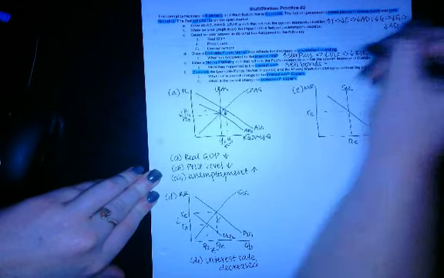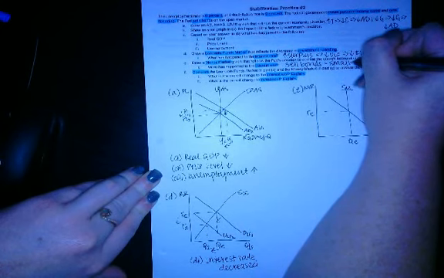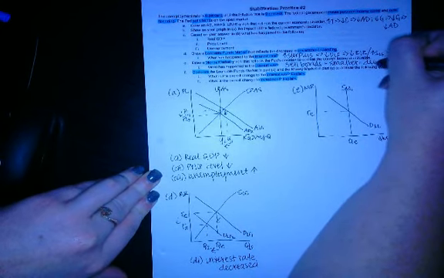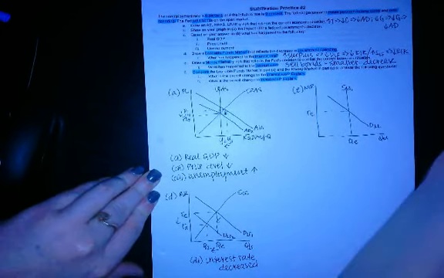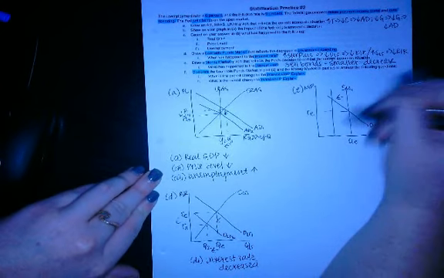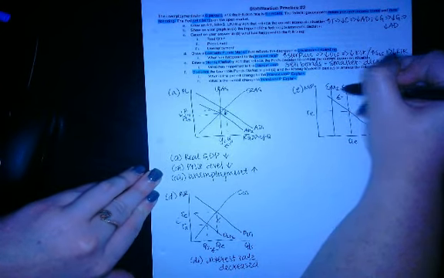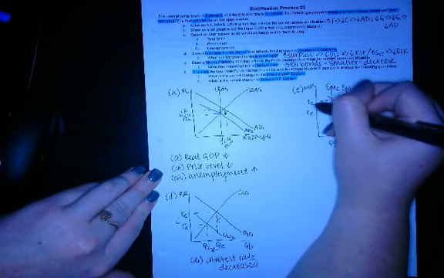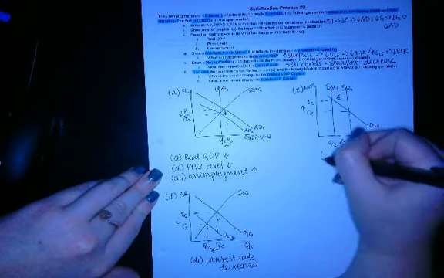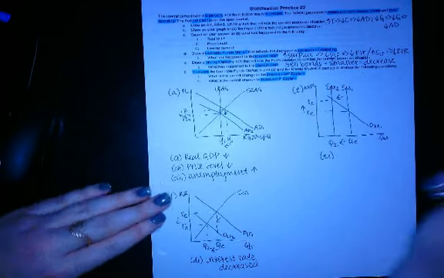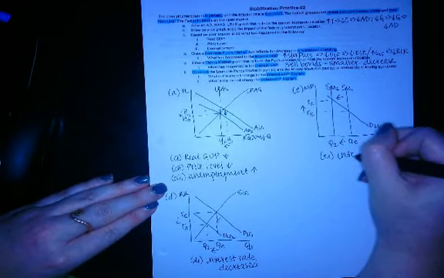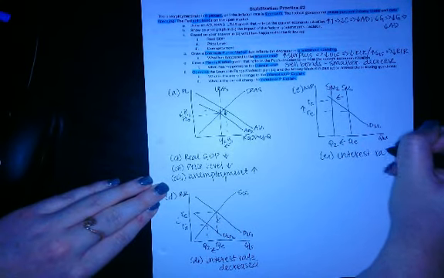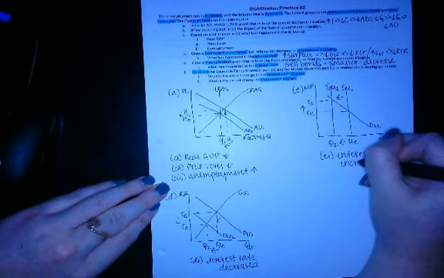Sell means smaller, which means decrease. So we're going to decrease our money supply. Label this SM2, Q2, and then R2. And what happened to our interest rate? Well, our interest rate increased. Again, we're just reading directly off our graph.